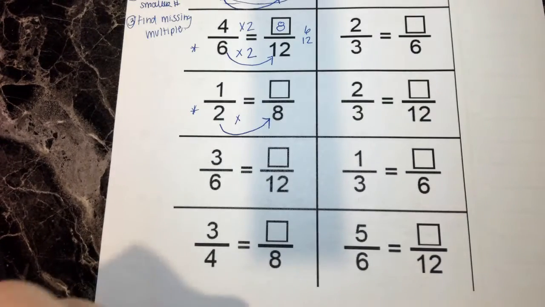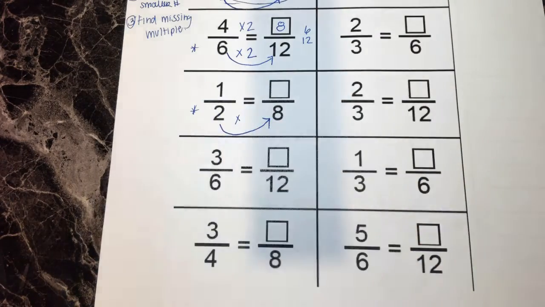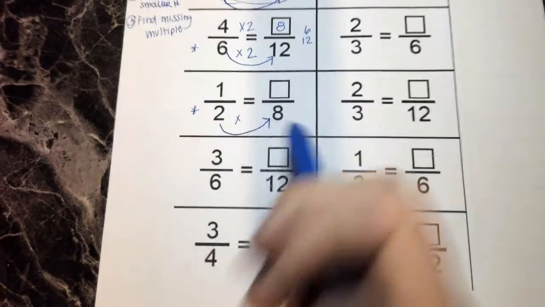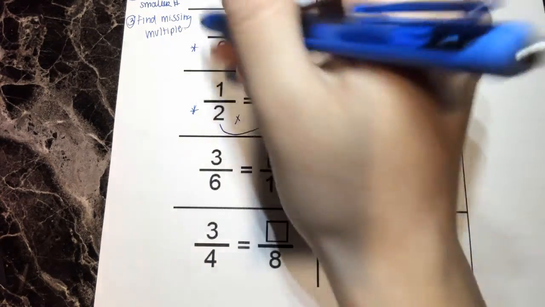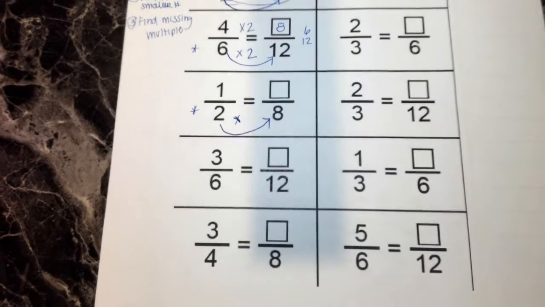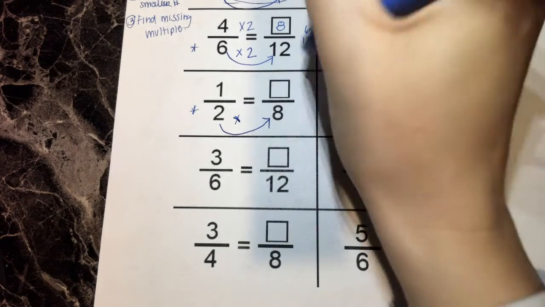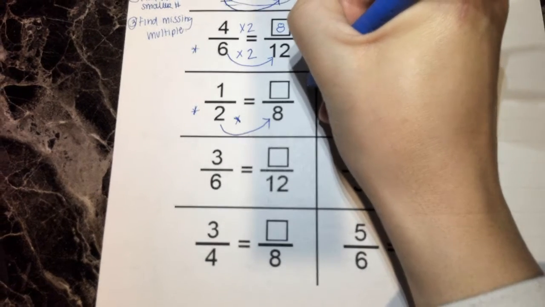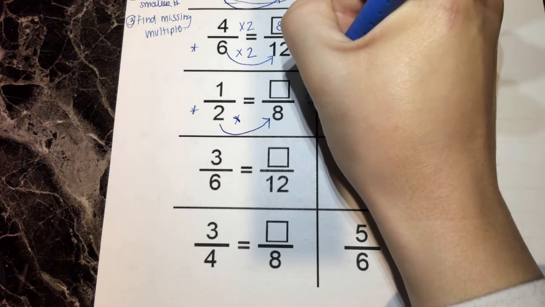If you don't know off the top of your head, you could easily list your multiples. You start with your smaller number and then you go until you get to your bigger number. Take a second. Okay, hopefully you found it. If you didn't, you can list your multiples: 2, 4, 6, 8. I got 8.